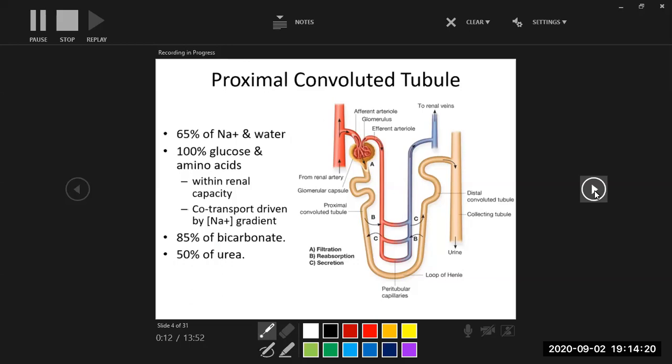All right, so in this proximal convoluted tubule, the major theme is reabsorption. As we see here, in the glomerular capillary, we have the filtration. What's the strainer of the filtration? The podocytes, right?